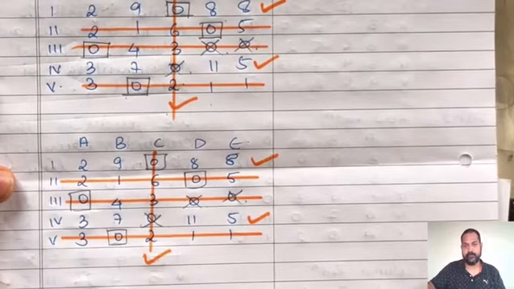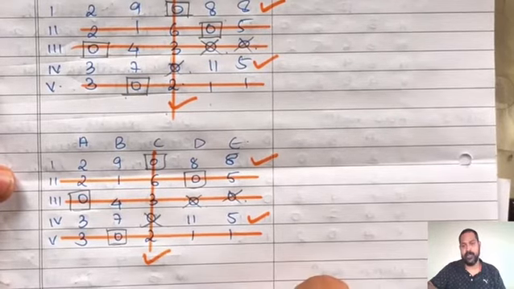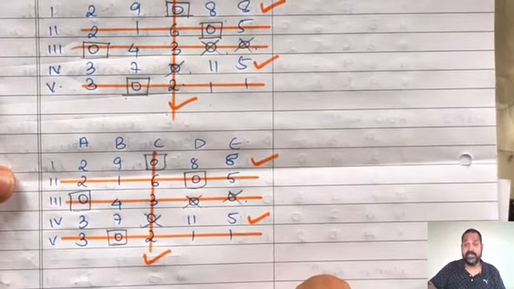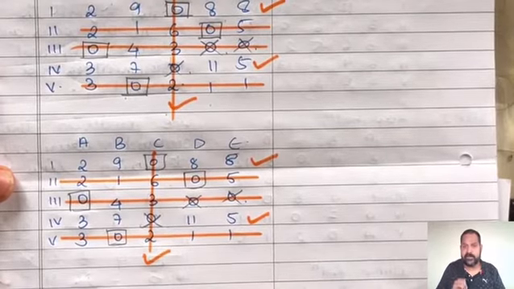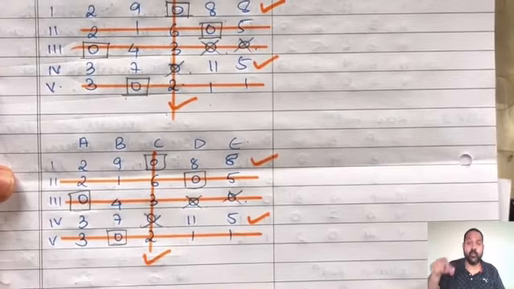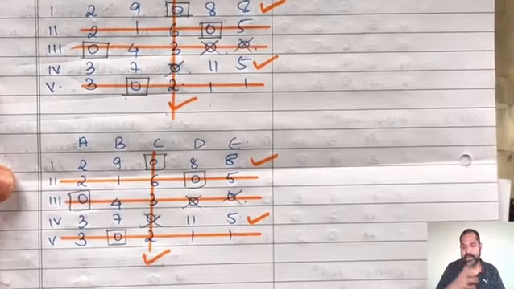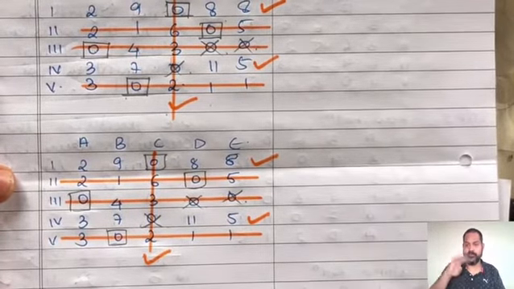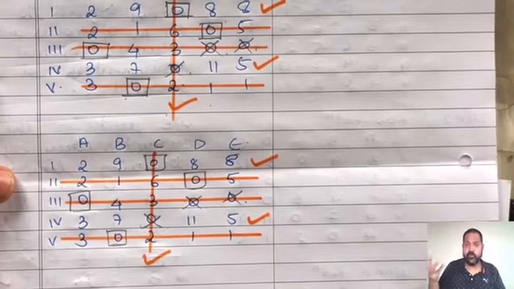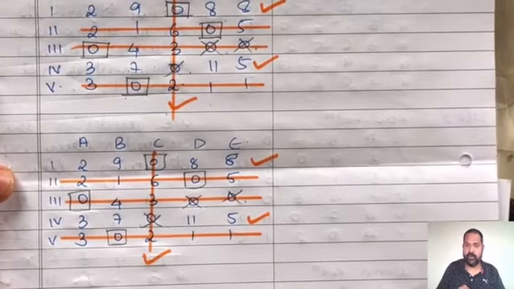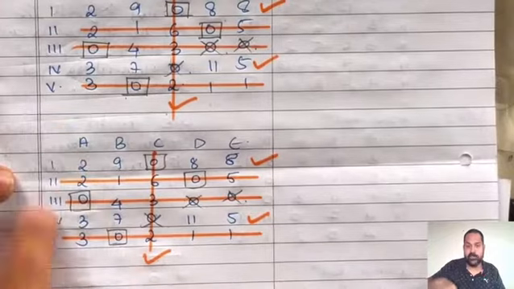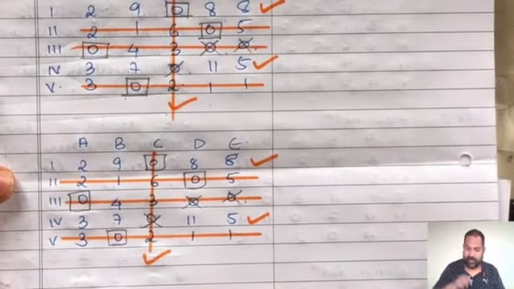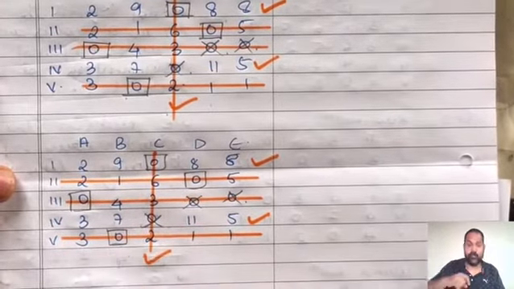Fantastic. Check number 2. Remember I told you, you have to do this with the minimum number of lines. Well, who decides what the minimum is? I'll tell you. How many assignments did you get? 4. Well, you were supposed to get 5, you didn't get it. You got only 4. Then you should have covered all zeros in 4 lines. Check. 1, 2, 3, 4.